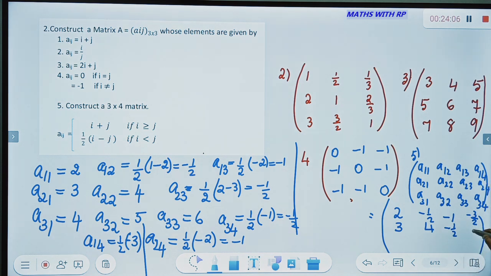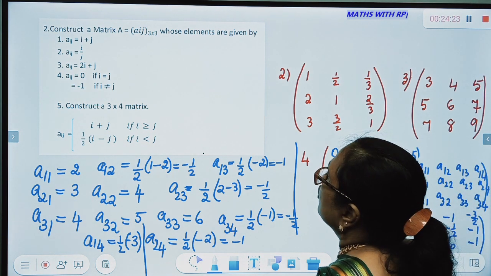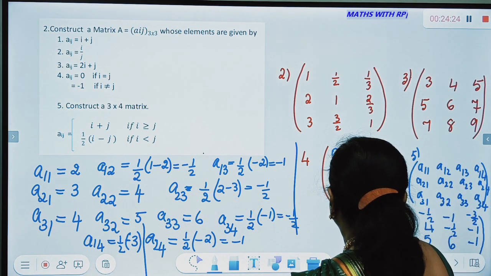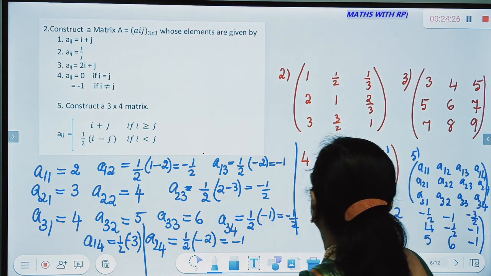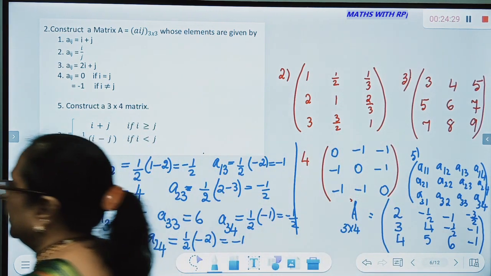Minus 1. Then 3, 1, 4, 5, 6. The last one will be half of 2 minus 4, which is minus 1. This is your matrix A, 3 by 4, where the elements are defined like this.